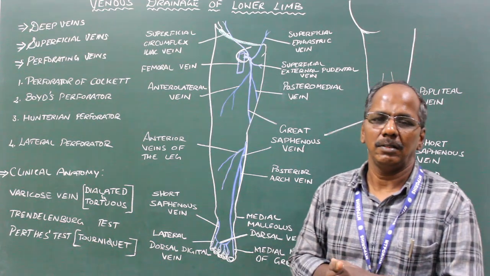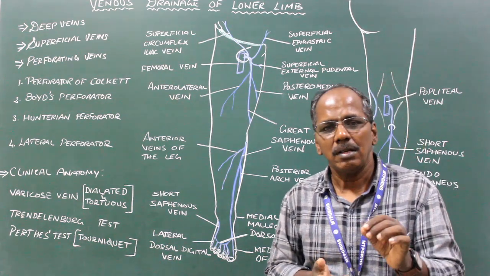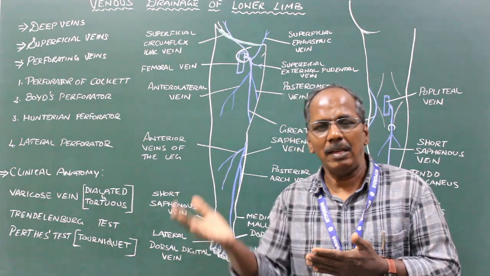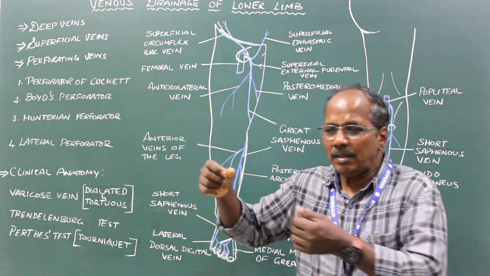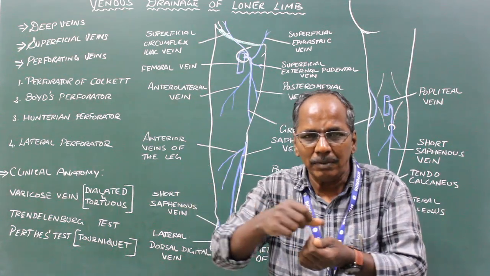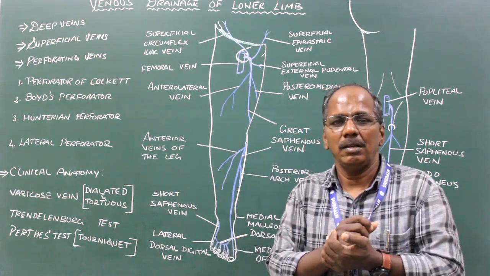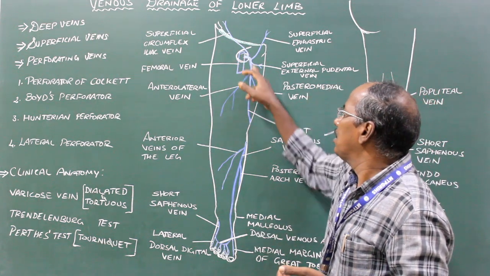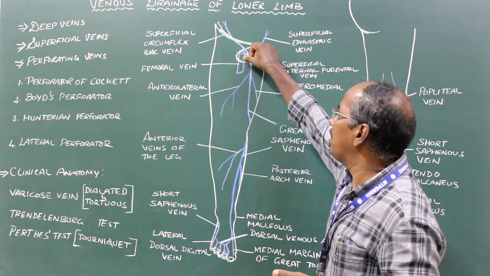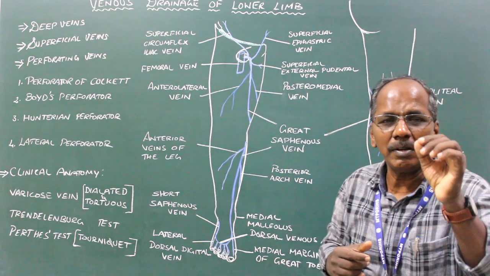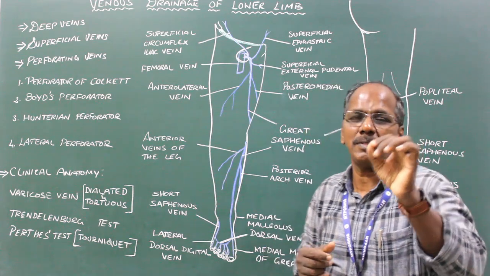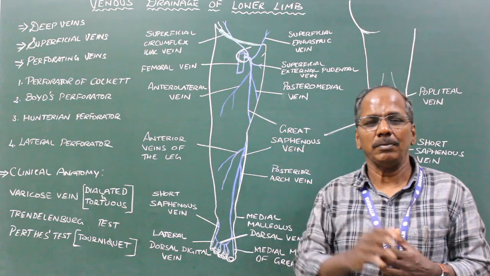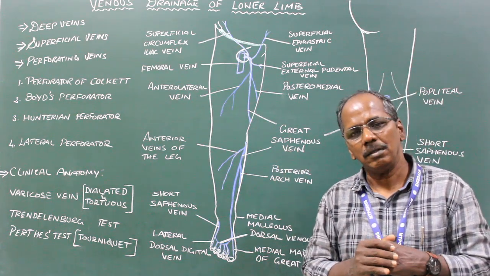Trendelenburg's test. In this, the patient is asked to lie down, the lower limbs raised, and the varicose veins are drained proximally by stroking, and pressure is applied at the saphenofemoral junction where the saphenofemoral valve of the great saphenous vein is present. The patient is asked to get up quickly.